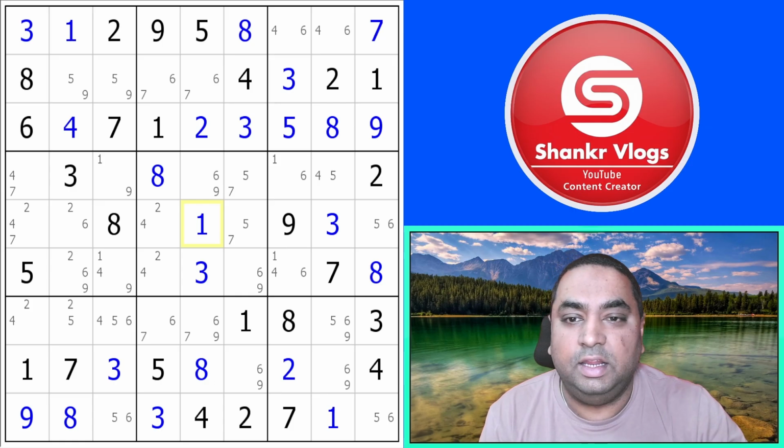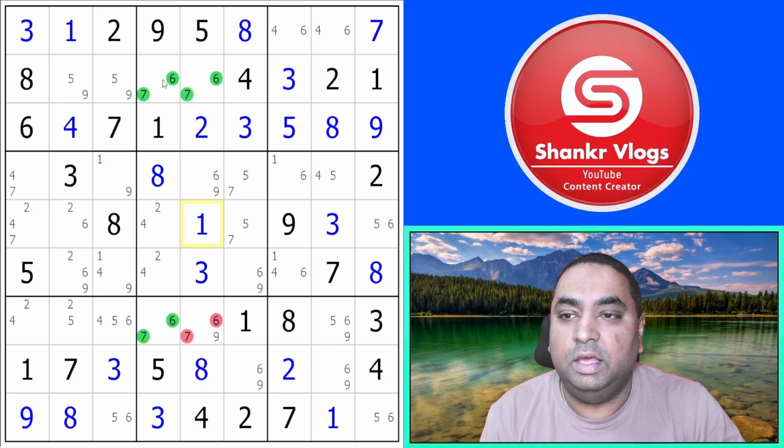Now we are going to see another example, unique rectangle type 1. Here the UR candidates are 6 and 7, and the three cells are occupying 6 and 7.